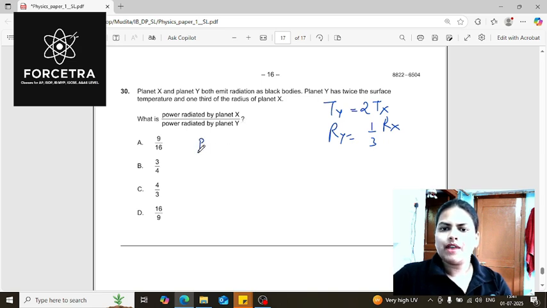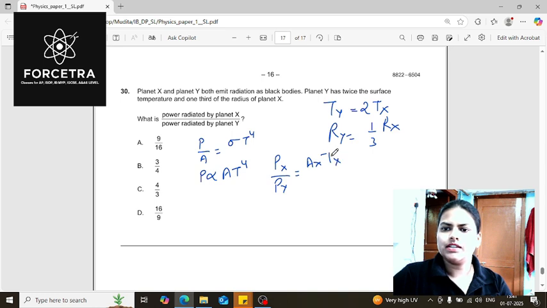So we know that power upon area is equal to sigma into T power 4. So power is directly proportional to area into temperature power 4. So if I write for X, power radiated by X upon power radiated by Y, then it is the area of X into temperature of X power 4 upon area of Y into temperature of Y power 4.